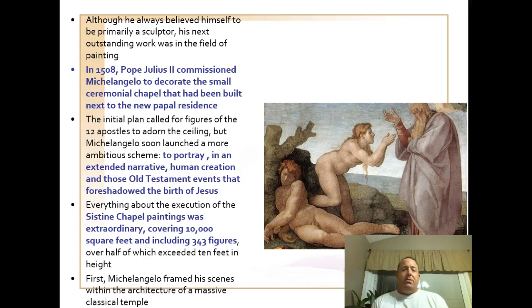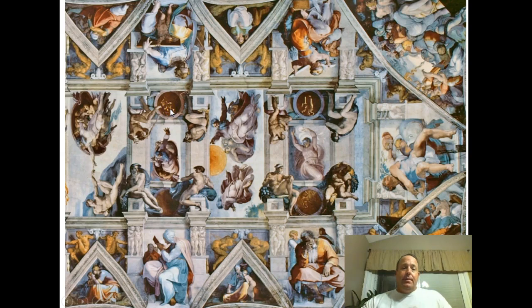I'll talk a little bit about that in just a second, what a fresco is. But some of the figures are up to 10 feet tall. So he did it, mostly way up on scaffold, and I've seen it. It's quite impressive.